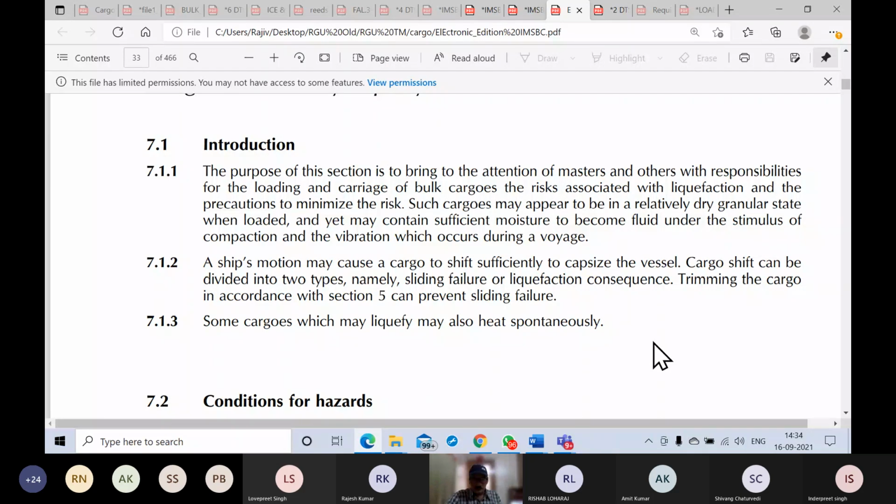So this is liquefaction caused due to the vessel motion, when cargo has been transported in excess of its transportable moisture limit. Present moisture content is in excess of the TML. Then there is a chance it will liquefy.